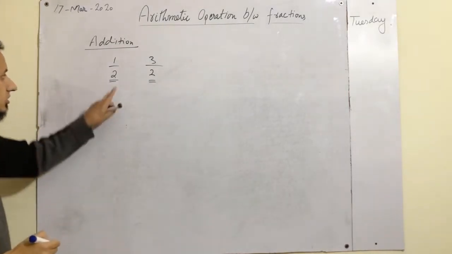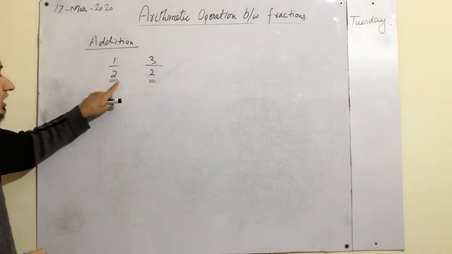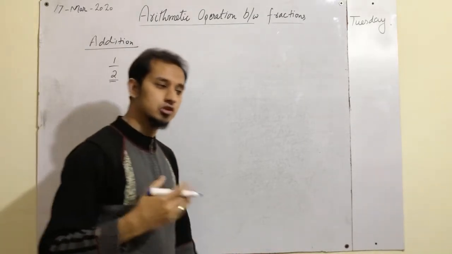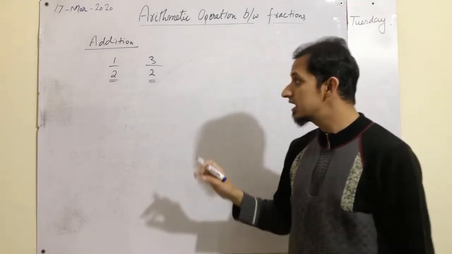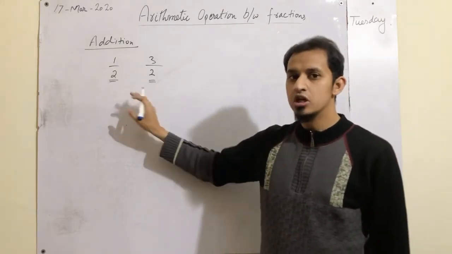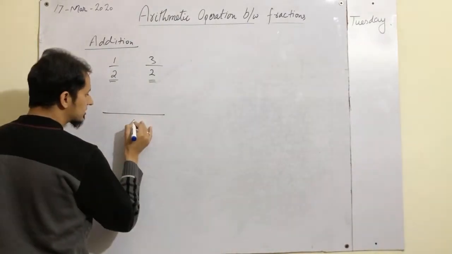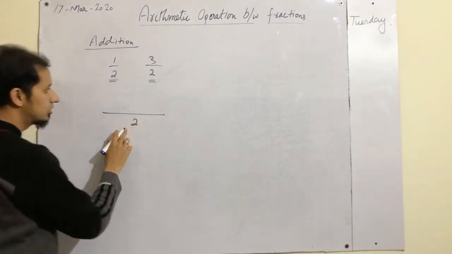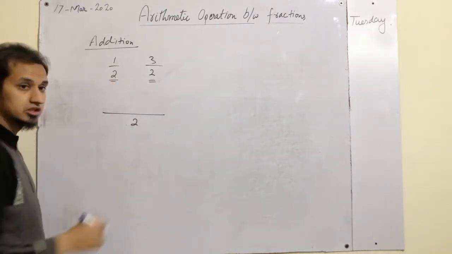You can see both fractions have the same denominator. If the fractions you have to add or subtract have the same denominators, you should simply write the same denominator, like this 2. Both have 2 in their denominator.